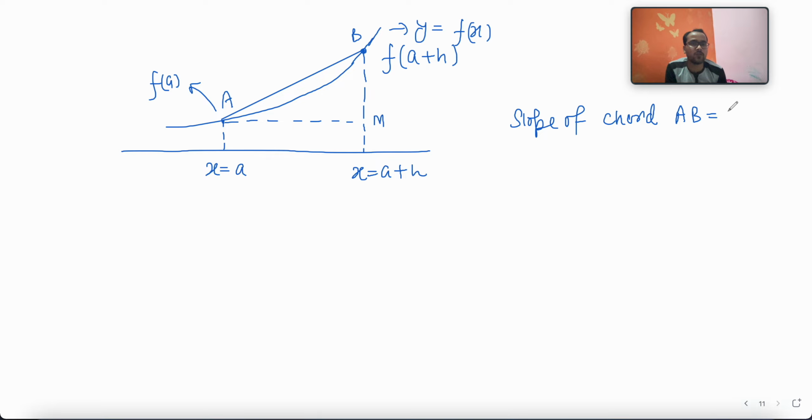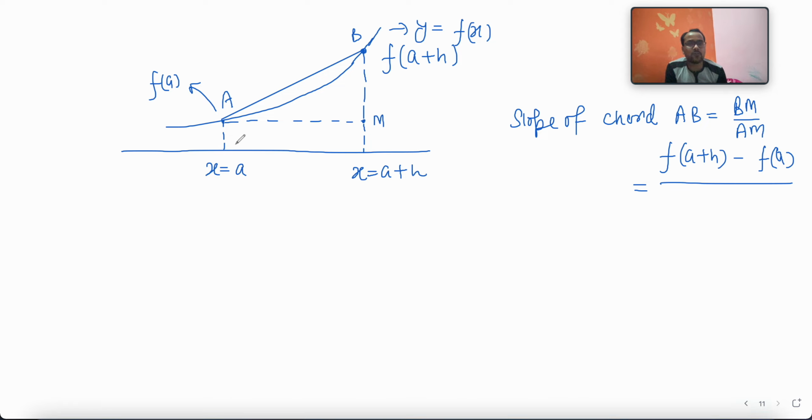That means slope of chord AB you can write BM upon AM. That means f of a plus h minus f of a upon AM. What is AM? At the point M, x coordinate is a plus h, and at the point A, the x coordinate is a.